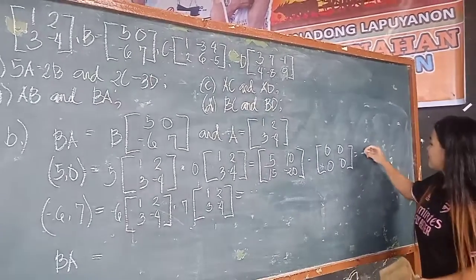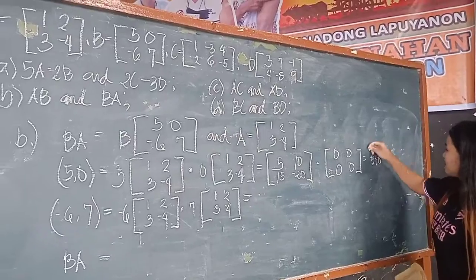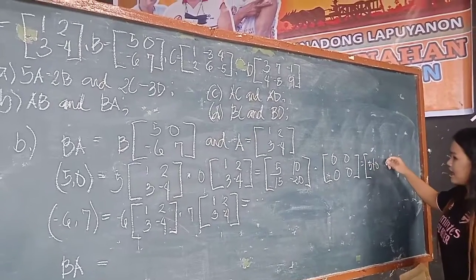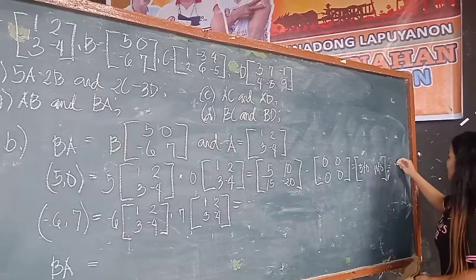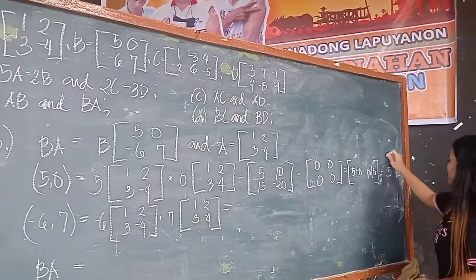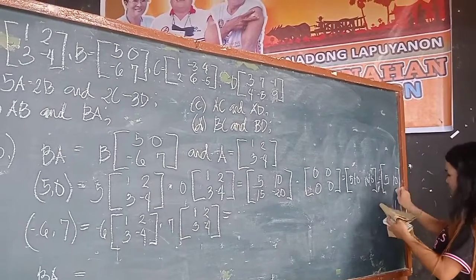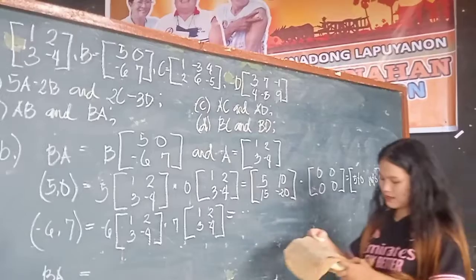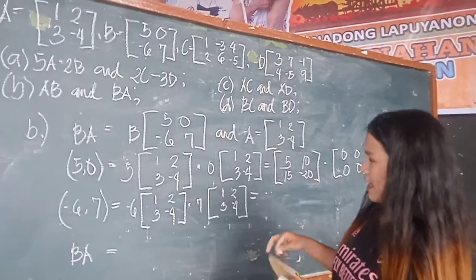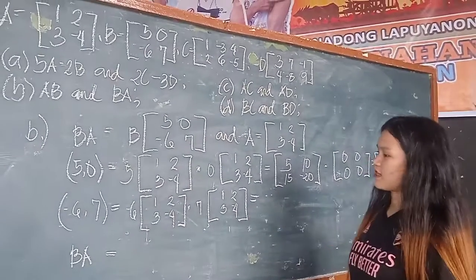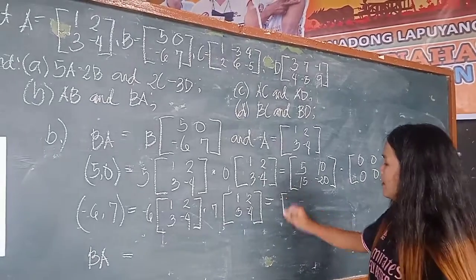And 5 plus 0, then 10 plus 0. This equals 5, 10. So, the value of negative 6 and 7, we just multiply.